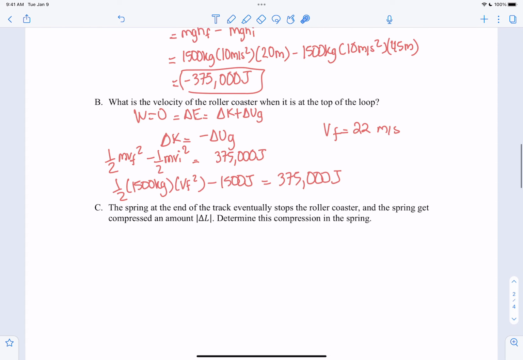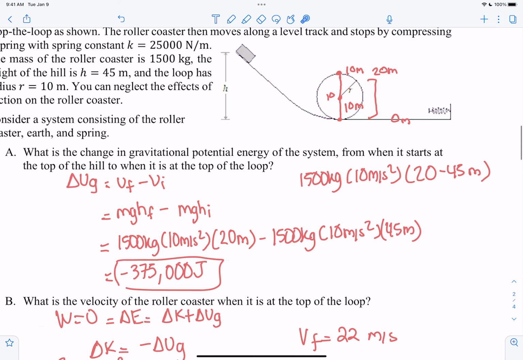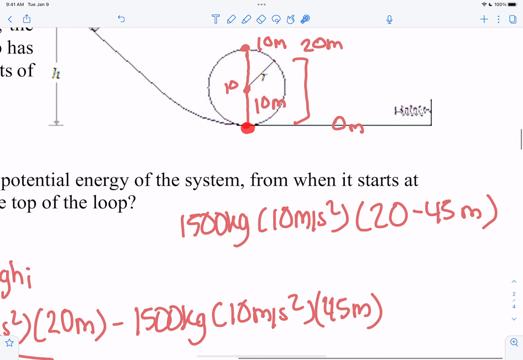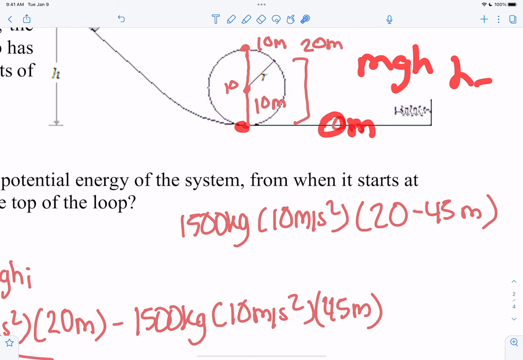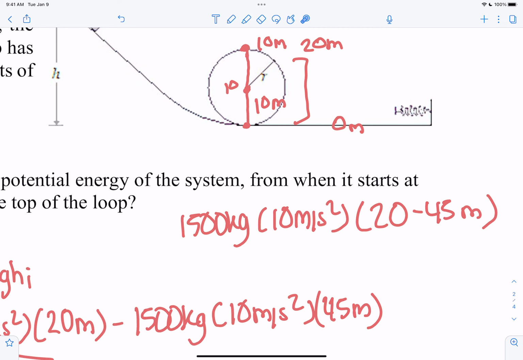What I want to get at here is the idea that I'm going to have only kinetic energy here at the bottom. That makes sense because if I'm at the bottom at 0 meters, mgh, if h is 0, then there's no gravitational potential energy at the bottom here. So I know at this point and onwards, it's only going to be kinetic energy, from this bottom point onwards.